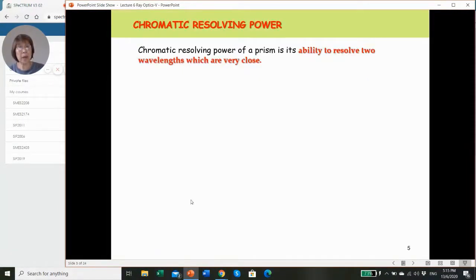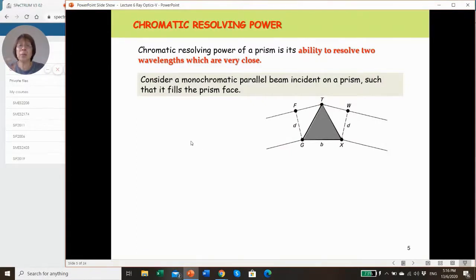Chromatic resolving power of a prism is its ability to resolve two wavelengths which are very close. Let's consider a parallel monochromatic beam that's incident on a prism such that the beam will fill the prism face.